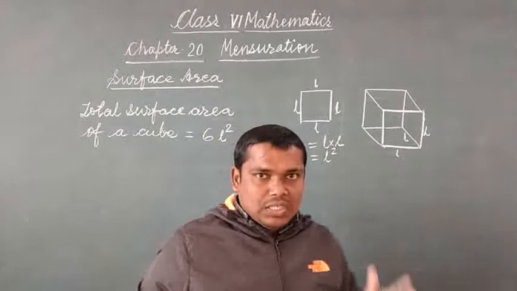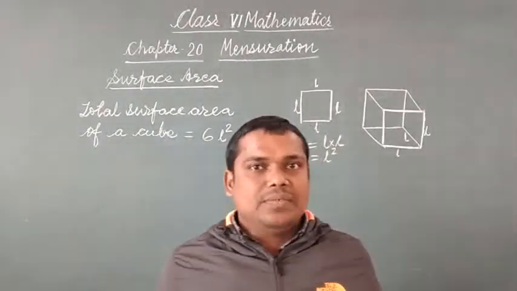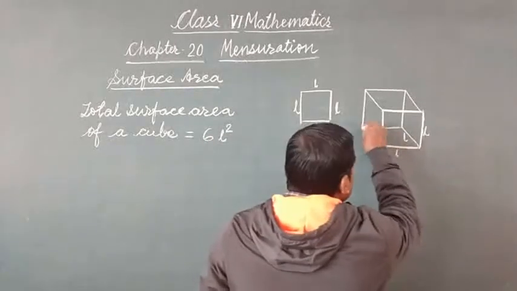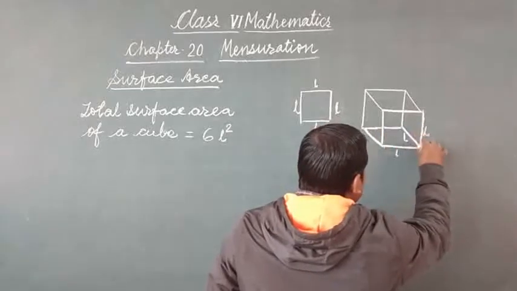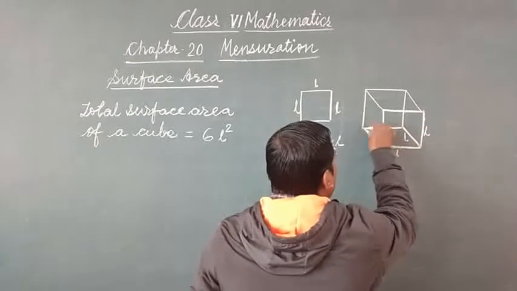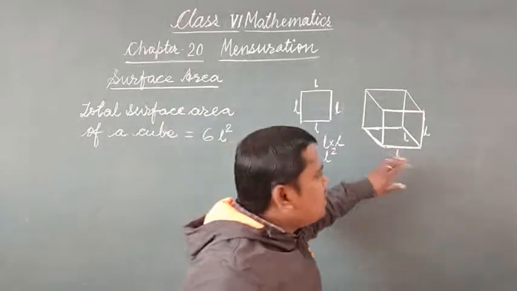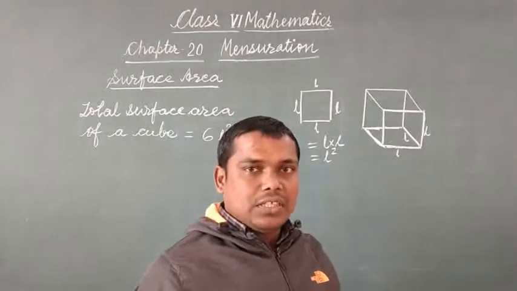Now we have to consider the lateral surface area. Suppose this is the base of the cube. On this base, all the other surfaces which touch this base will be the lateral surfaces of the cube.